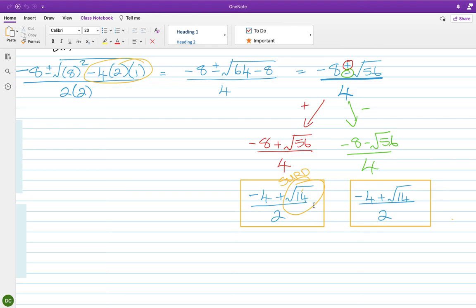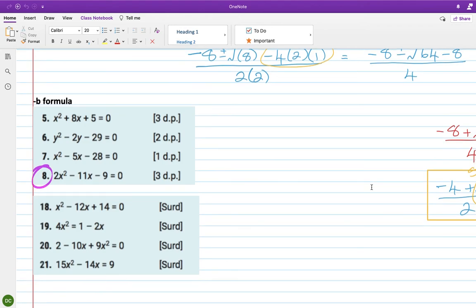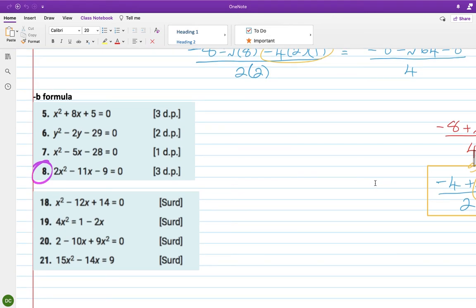So I'm not going to do any more today. I'm just going to ask you to do one of each. Okay, I'm going to ask you to do one of each, but I'm going to change it myself. So for homework, I'll just go with a different colour. So this will be due for Monday. I want you to do this one here, and I want you to give the answer in surd form.